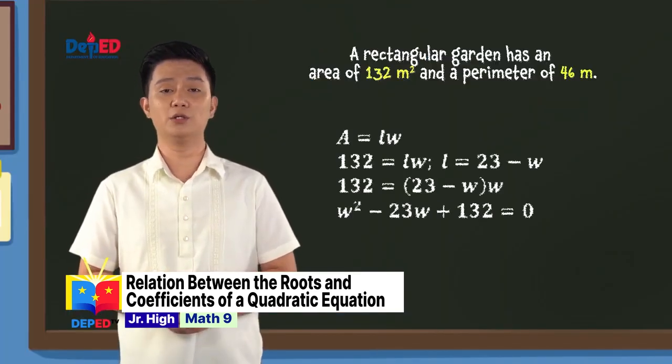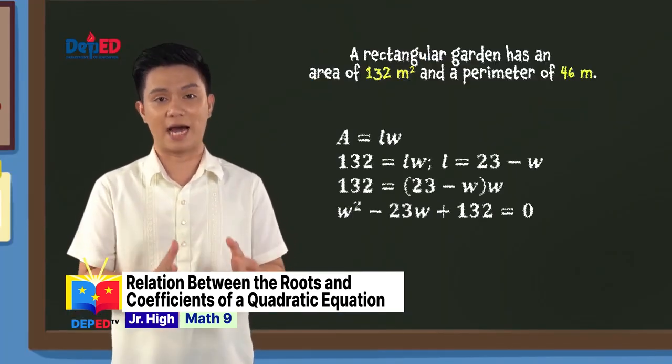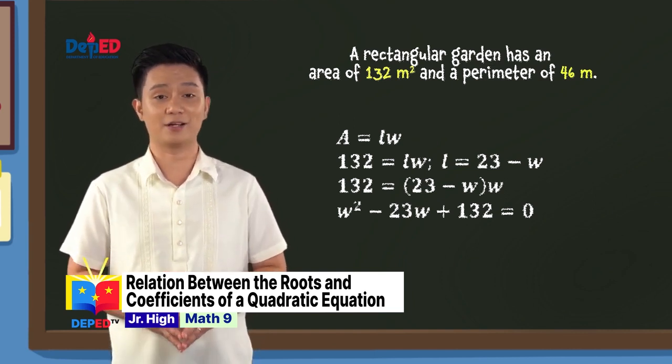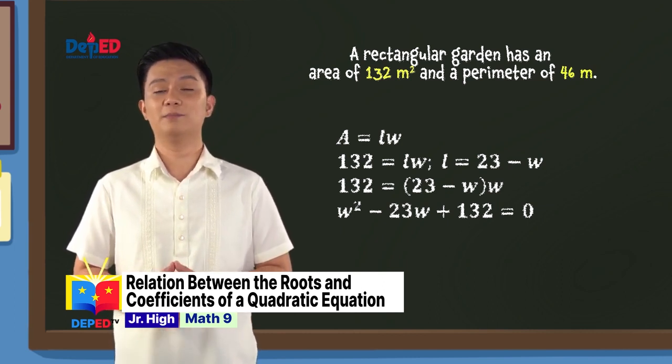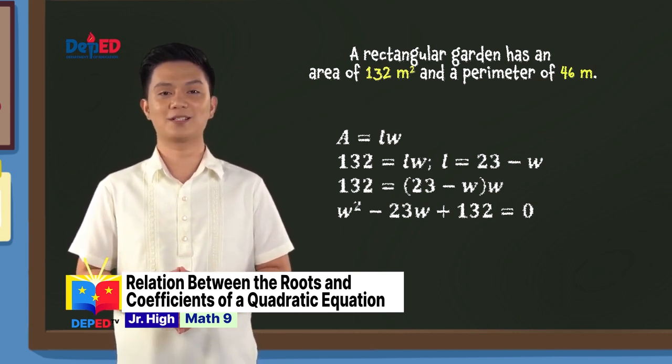Since we may omit the unit square meters on both sides of the equation, the answer is w squared minus 23w plus 132 equals 0.